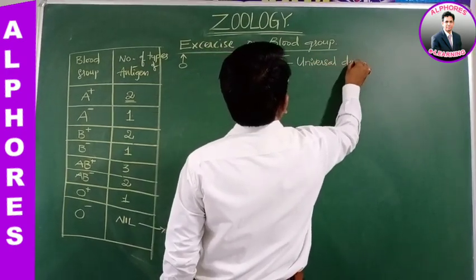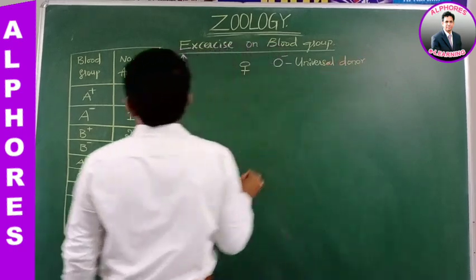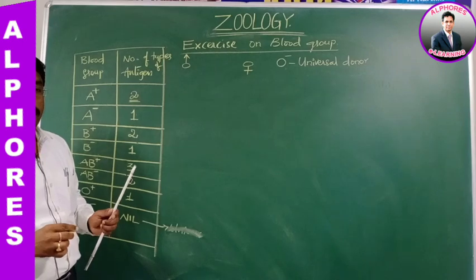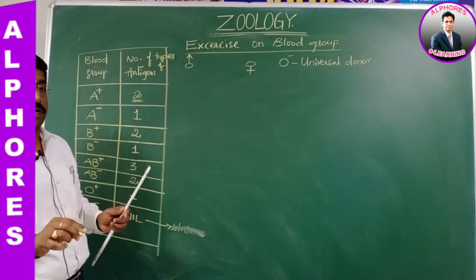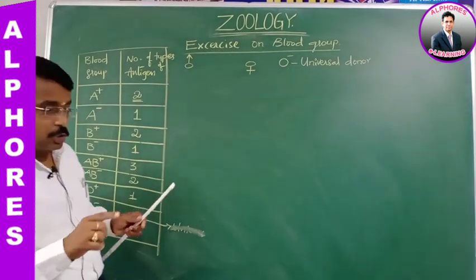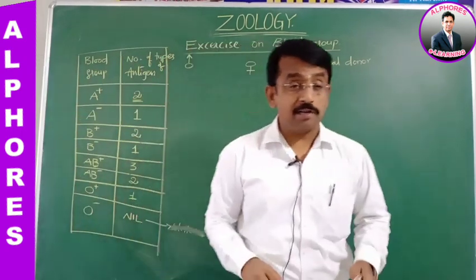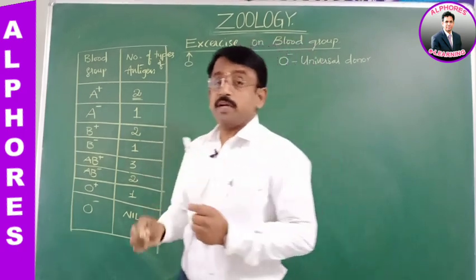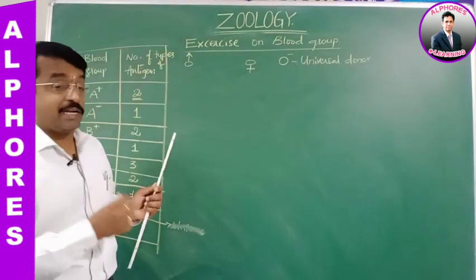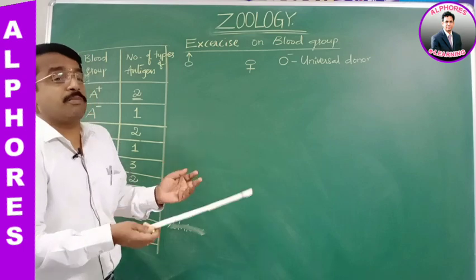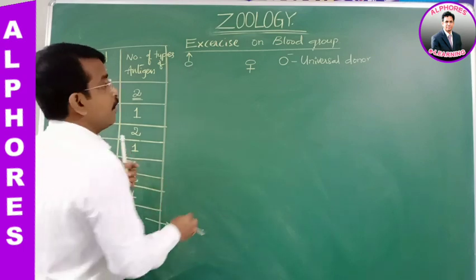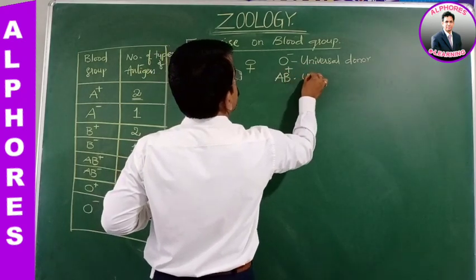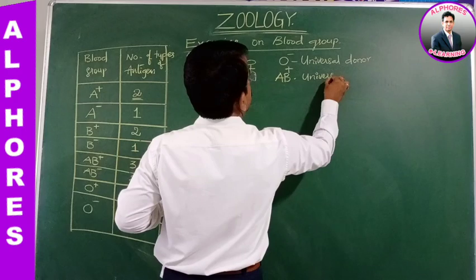In the same way, the donor should not have antigen, and the recipient must have antigen. Why? RH antibodies are produced when the recipient is RH negative. So what care is to be taken? The recipient should not be negative. So AB positive individuals are said to be the universal recipient.